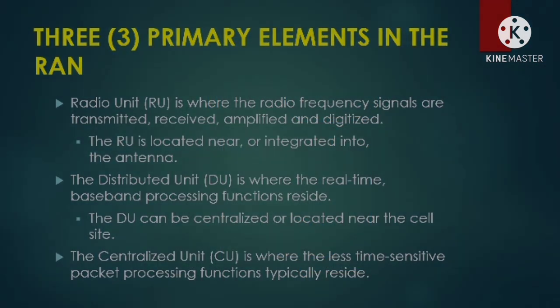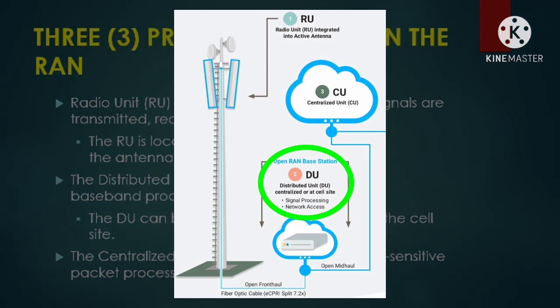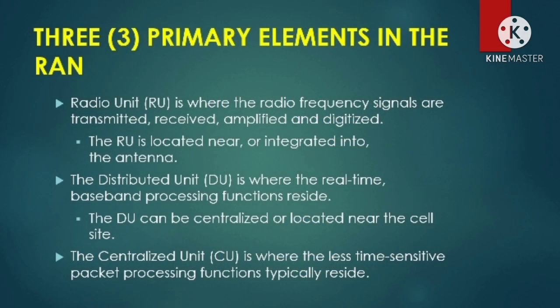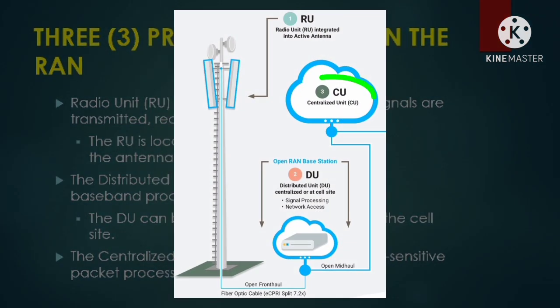Second, the distributed unit, or DU, is where the real-time baseband processing function resides. The DU can be centralized or located near the cell site. Lastly, the centralized unit, or CU, is where the less time-sensitive packet processing functions typically reside.